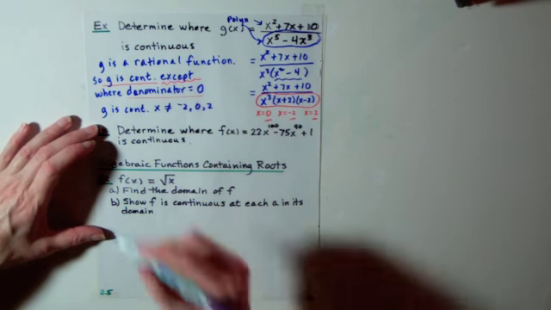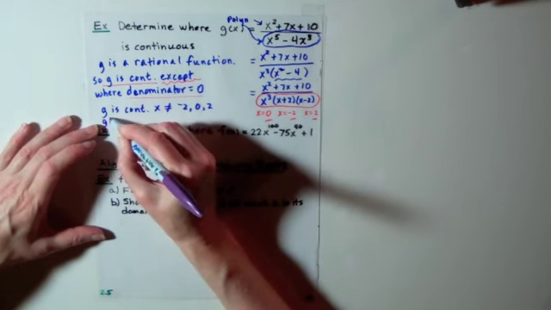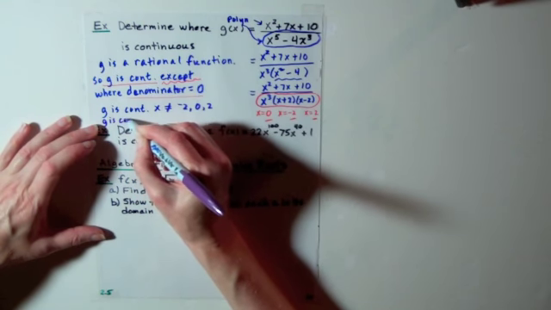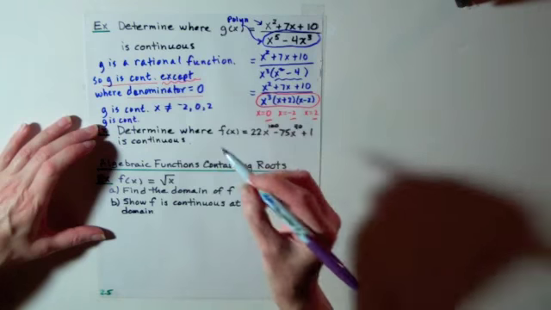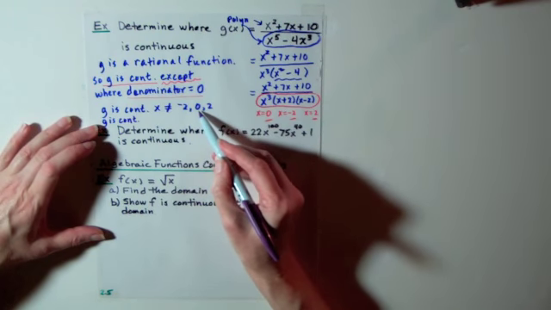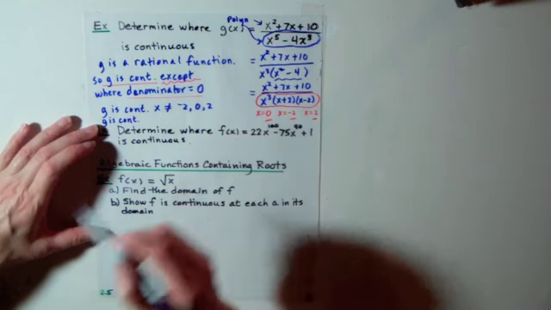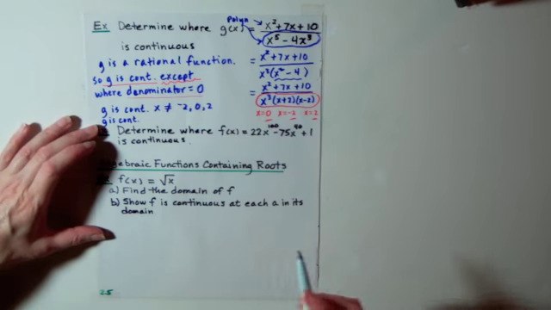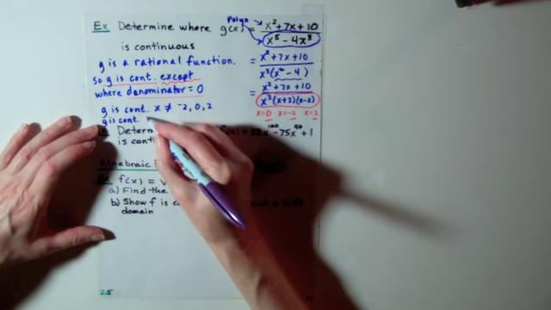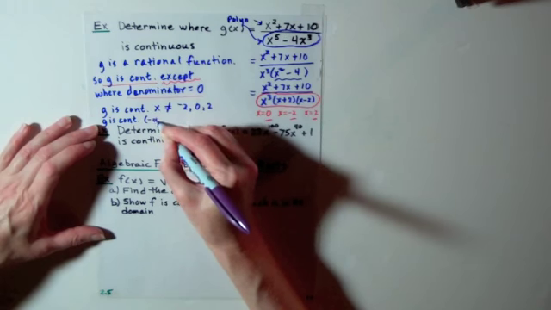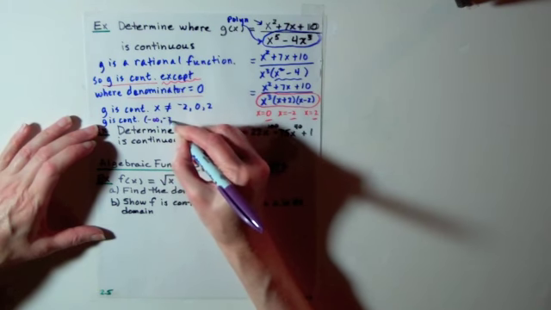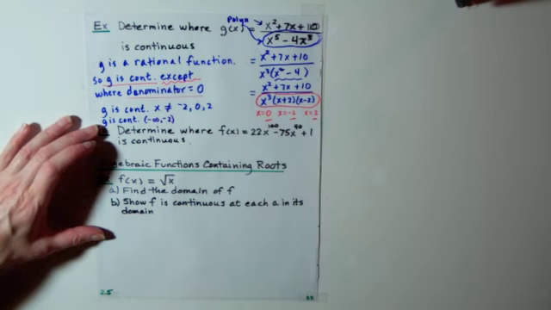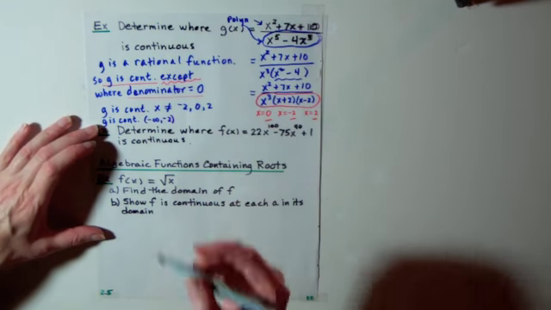Or if you wanted to, you could say g is continuous, and you could list the intervals on which g is continuous. Well, if it's not continuous at these three x values, and it is continuous everywhere else, then if you thought about the number line, you'd be saying that it's continuous from negative infinity up to negative 2, but not including negative 2, it's discontinuous there.